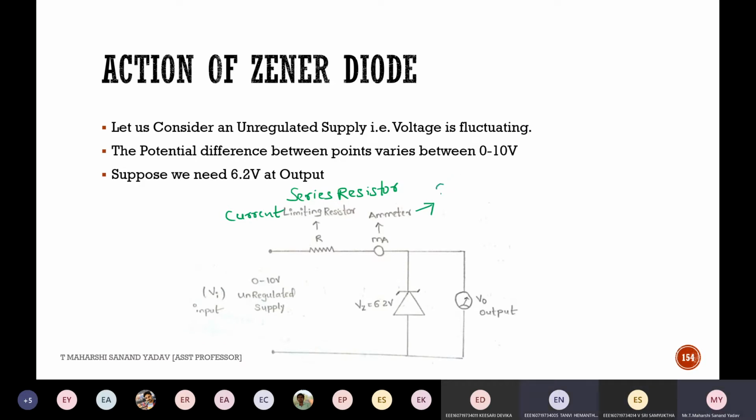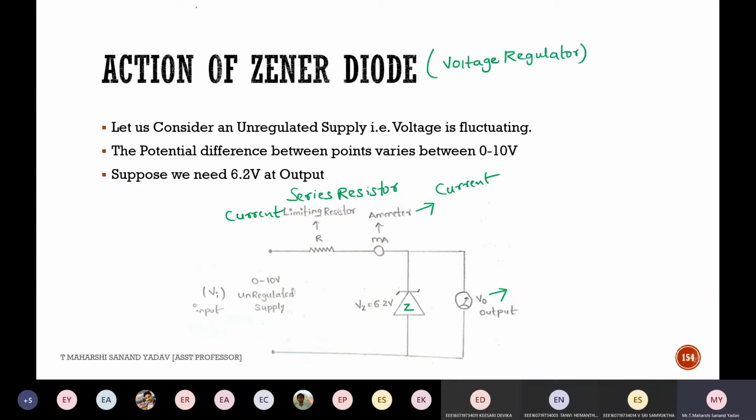And what is this symbol, Zener diode or PN diode? This is the Zener diode, and here I'm measuring the output voltage. So what is the main application of the Zener diode? Voltage regulator.